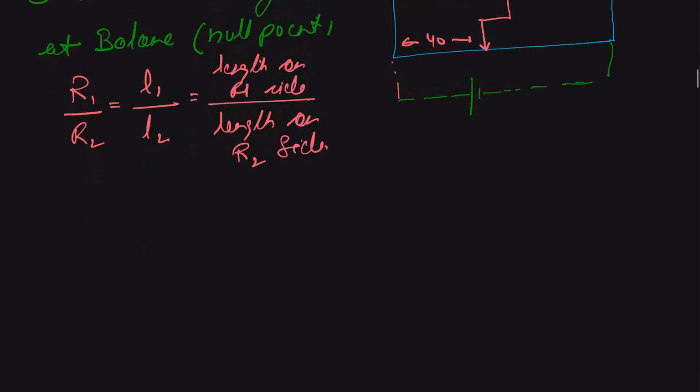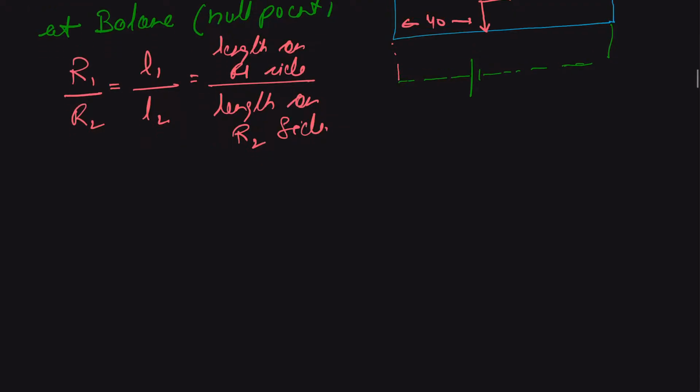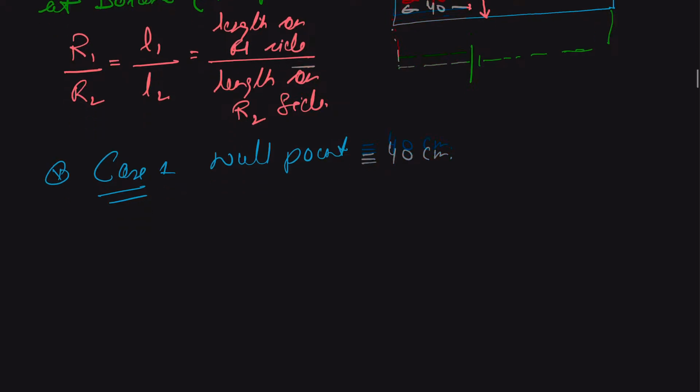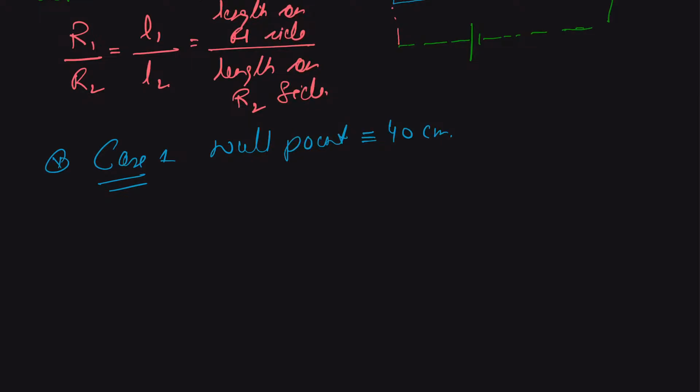So we have two cases, so let us discuss both cases one by one. Case number 1: the null point is at 40 centimeters from our R1 end.